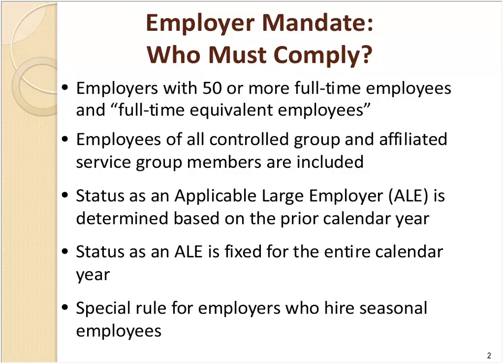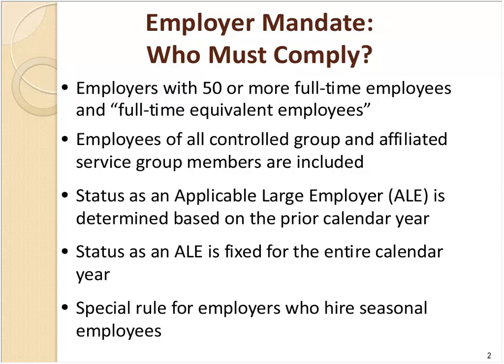Now, the status, whether a particular employer is an ALE, is determined based on the prior calendar year. So for 2016, it'll be determined based on your data in 2015. And once it's determined, that status is fixed for the entire calendar year.